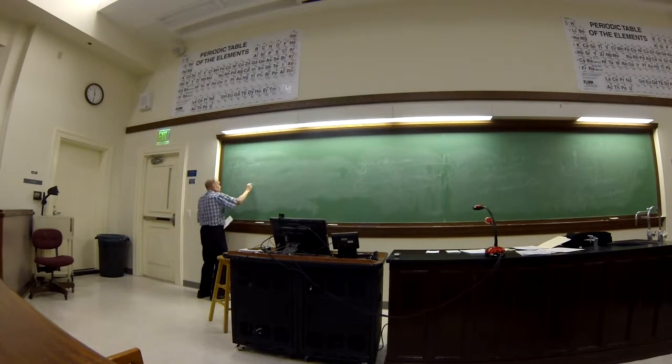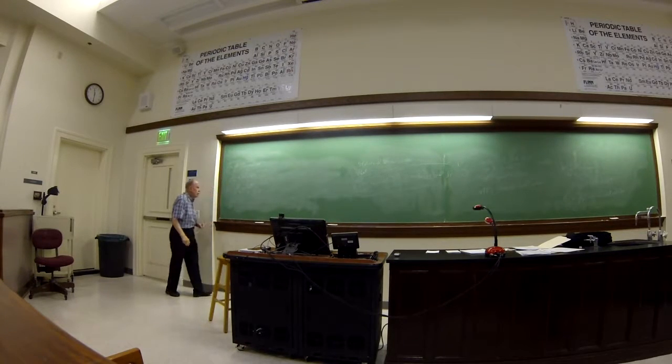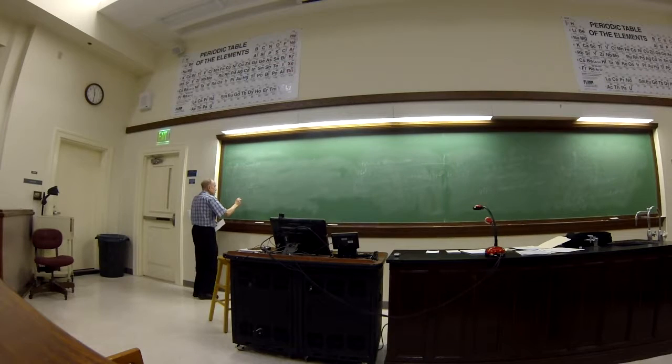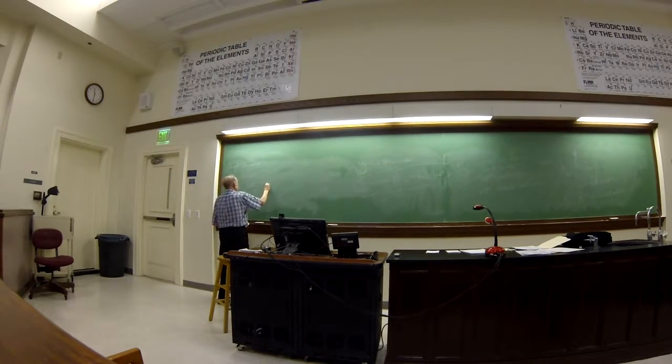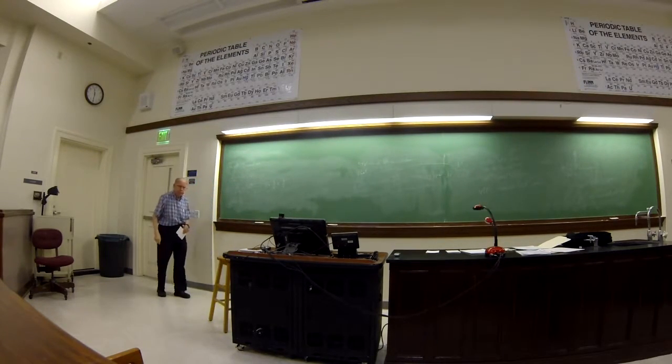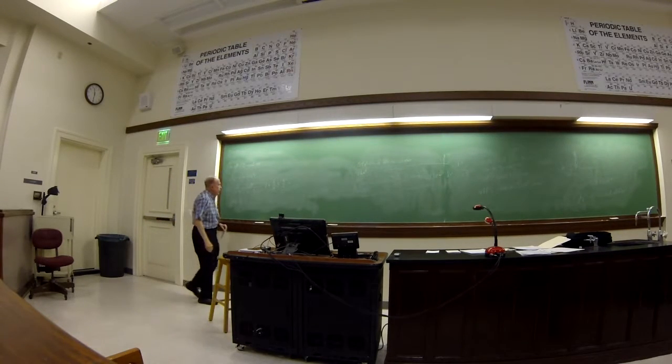The way we do that is divide the denominator by V, giving 1 over 1 minus b over V. Then if we let x equal b over V, Z becomes 1 plus b over V plus b squared over V squared plus so on, and that is virial notation. So this is virial.